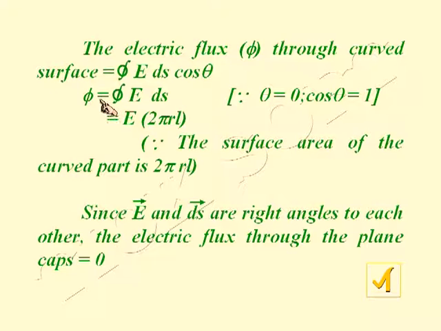So phi is equal to integral E ds because theta is equal to 0 for the curved surface, so cos theta equals 1. So phi is equal to E into 2 pi r L, because the surface area of the curved cylinder is 2 pi r into L.